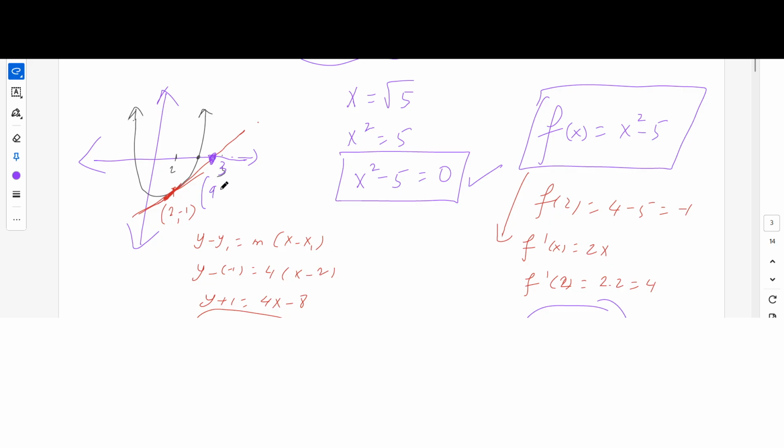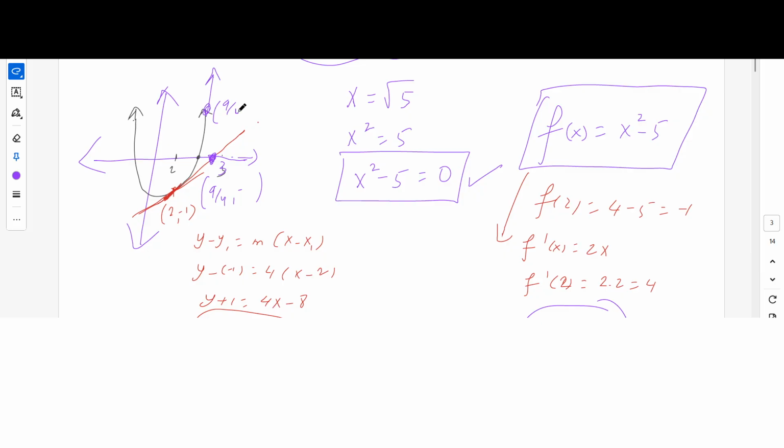At this point, 9 over 4, I can find the y coordinate of the point on the curve. This is the curve, and because we know the function, if x is 9 over 4, y can be calculated using the function value.